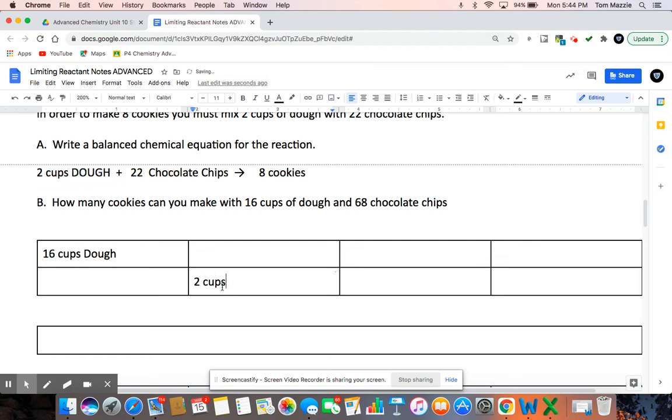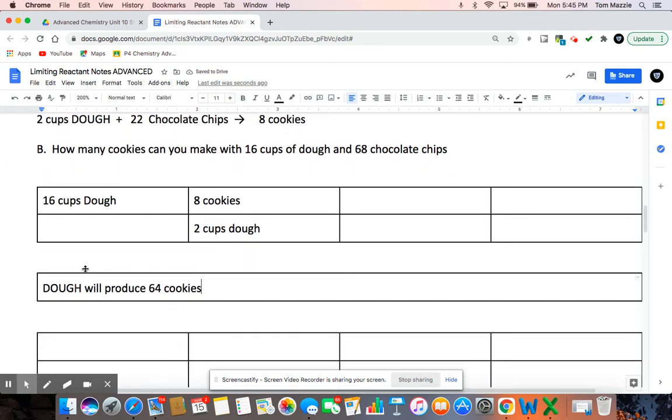So we know that 2 cups of dough will produce 8 cookies. Now, that's really all we have to do to get dough into cookies. Use our calculator. 16 times 8 divided by 2 is 64, so the dough will produce 64 cookies.